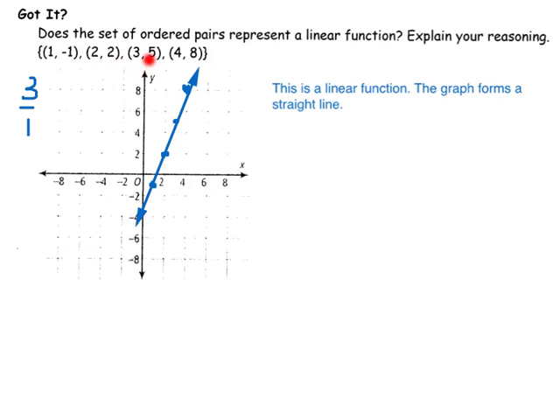So that again is 3 over 1 right here. This next set of points, these two, we go from 5 to 8 is up 3, and from 3 to 4 is up 1. So it's 3 over 1. That is a constant rate of change. And that rate of change is 3, which is what we figured out over here.